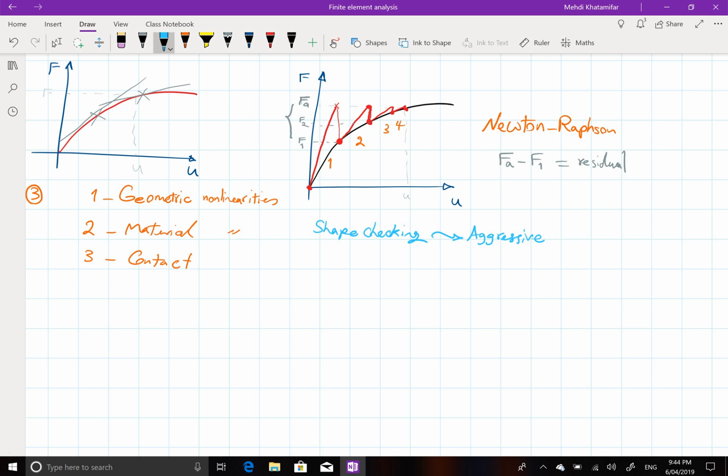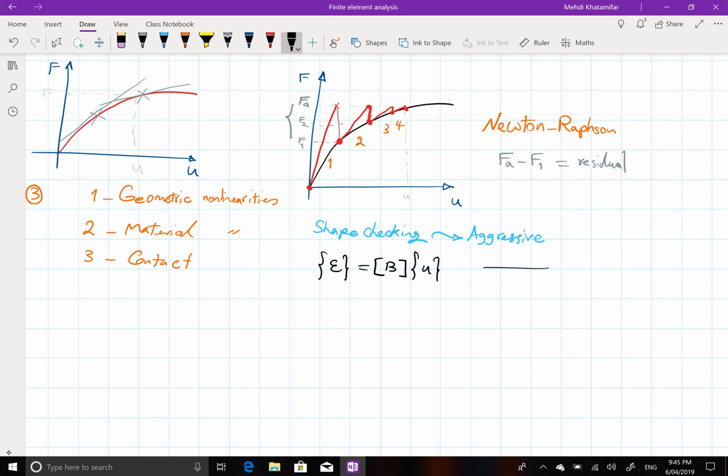And you remember when we talked about strain. Let me write the formula for a strain. It was the B matrix, strain displacement matrix, multiplied by displacement, nodal displacement.